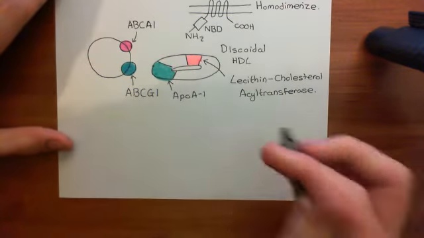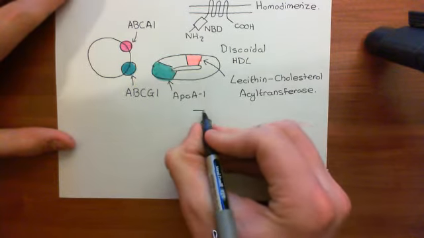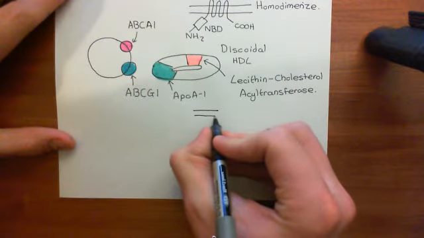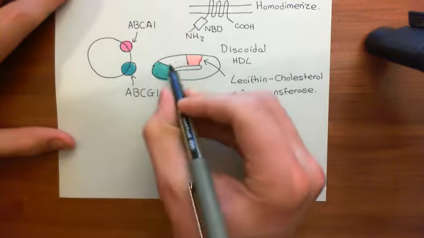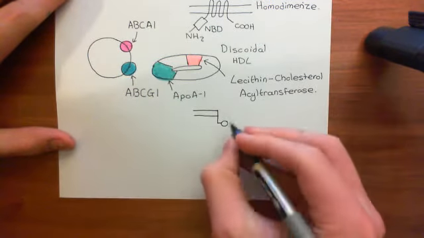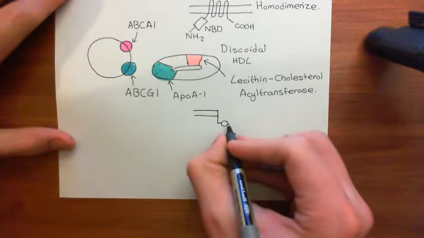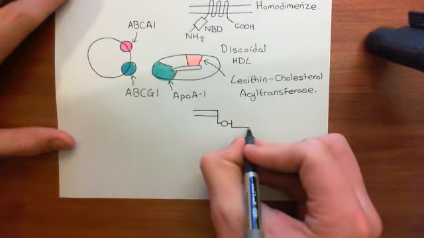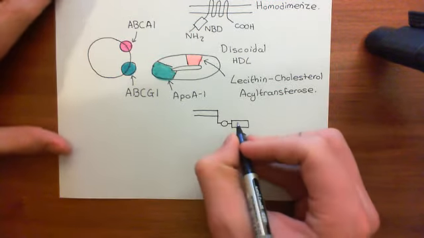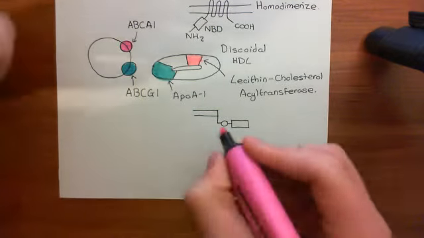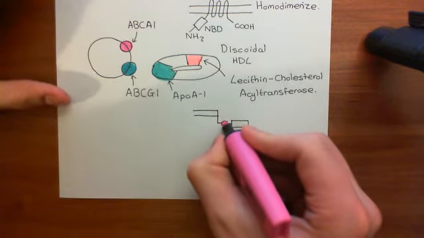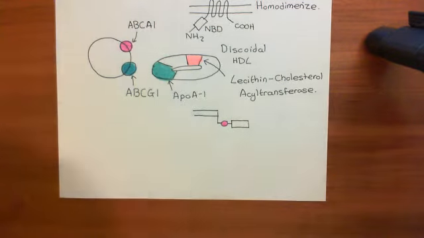Now what's it going to do? Well, it's going to take a lecithin molecule which is in the phospholipid monolayer of our discoidal HDL particle. So here is our lecithin molecule. Now remember, the other name for lecithin is phosphatidylcholine. Let's just revise our structure. Here we've got the phosphate group.